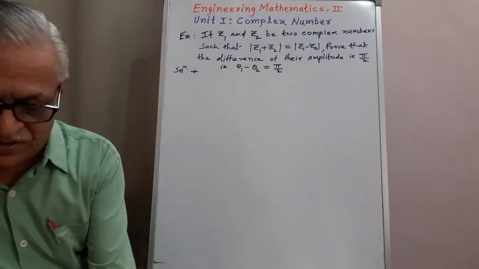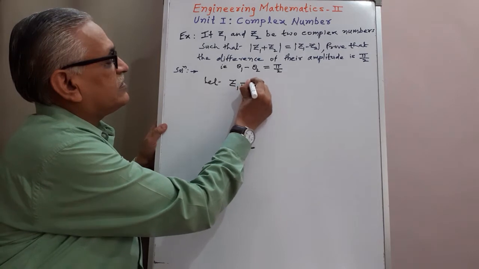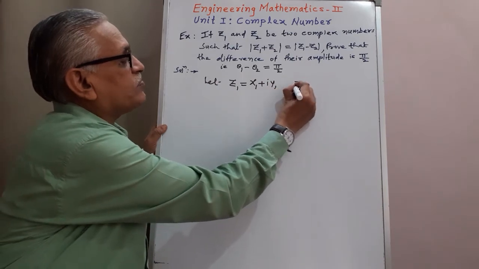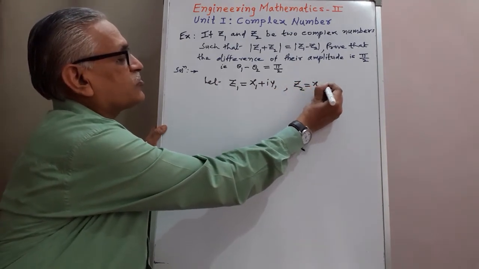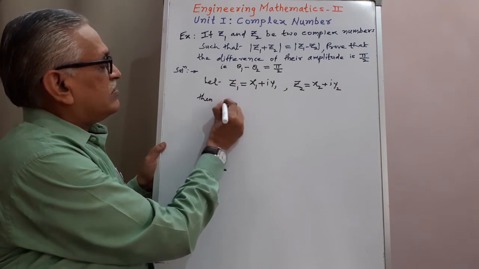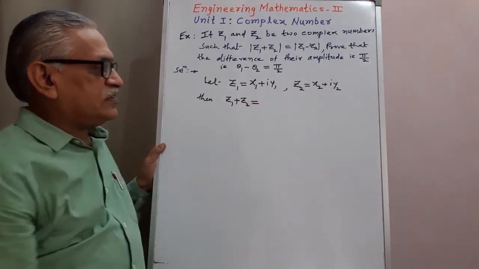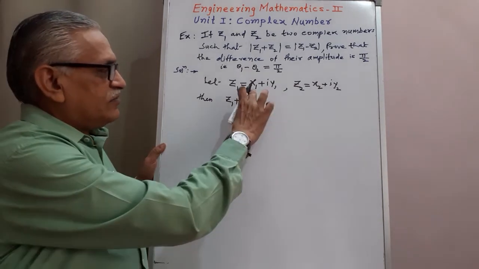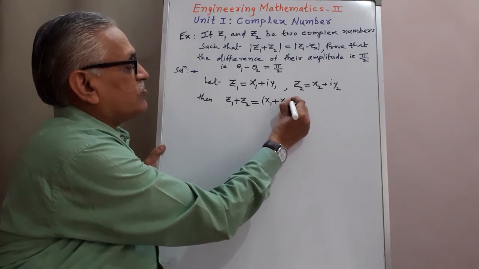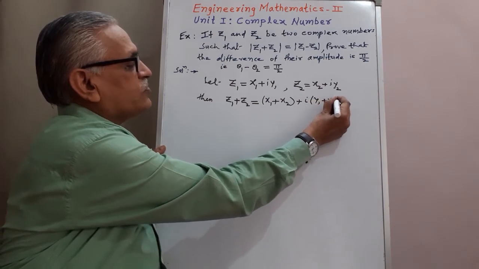And to prove this, let us consider the first complex number Z1 as x1 plus iy1, and the second complex number Z2 as x2 plus iy2. Then the sum of these two, Z1 plus Z2, by taking the sum of the real parts, we get x1 plus x2 plus i times y1 plus y2.